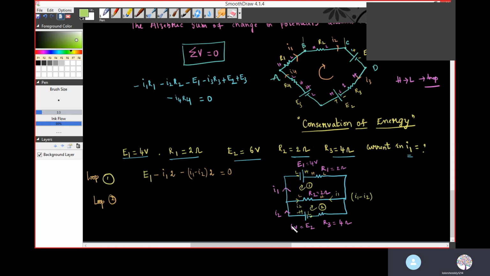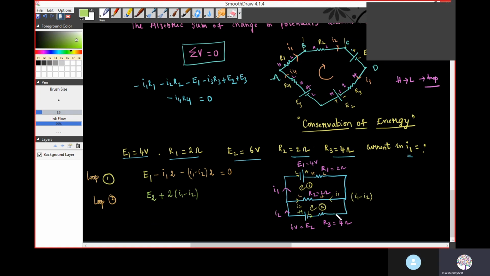So this is E2. From this direction, this is low, this is high, so this is plus: plus 2 into (I1 minus I2). And E1.